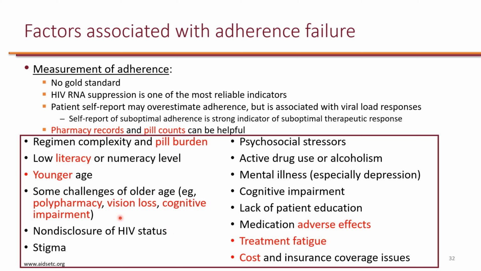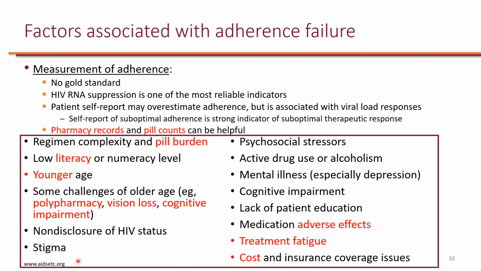So if somebody has to go through 10 bottles, that's cumbersome. Some elderly have vision loss, so they may not be able to read the label even if they have the literacy, or they may not see where their medication is. And of course, as we age, we can have cognitive impairment, so they may be confused, they may not remember if they took it or not. They might think that they already took it, but they didn't, so that can lead to adherence issues.